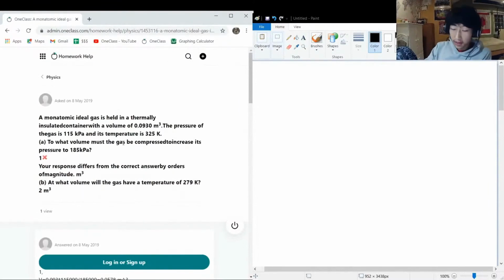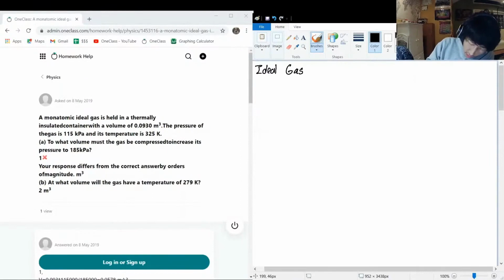Let's do the physics. So the key word that we want to see here is ideal gas, and as we all know, our ideal gas law. Let's write that out. It is PV equals nRT.